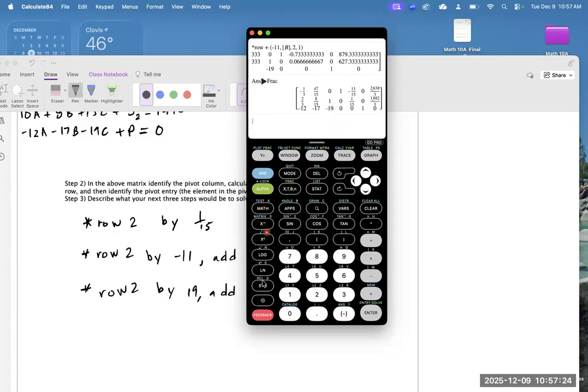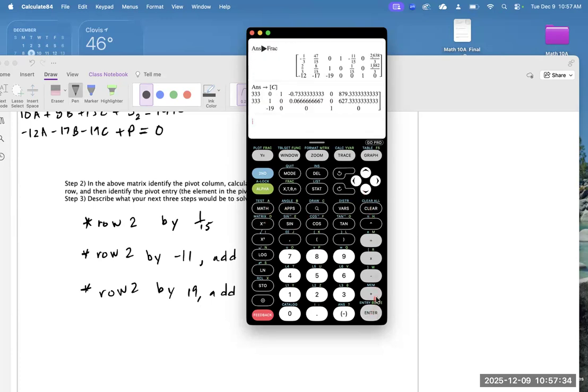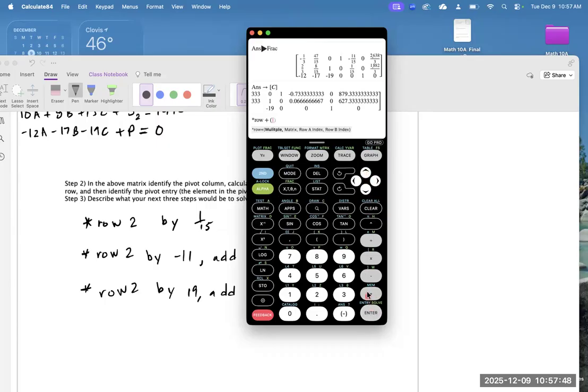Before I do that, I'm going to store this matrix. I'll call it C. Then, second matrix, go over to math. I'm going to multiply, then add.